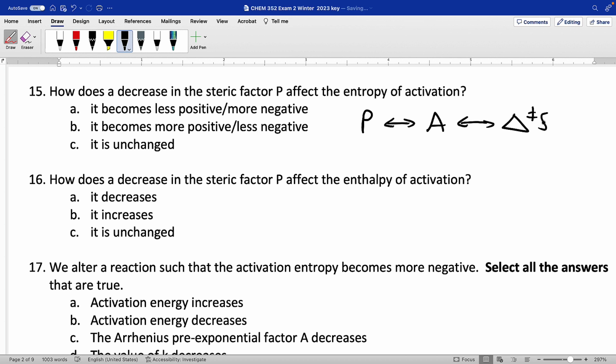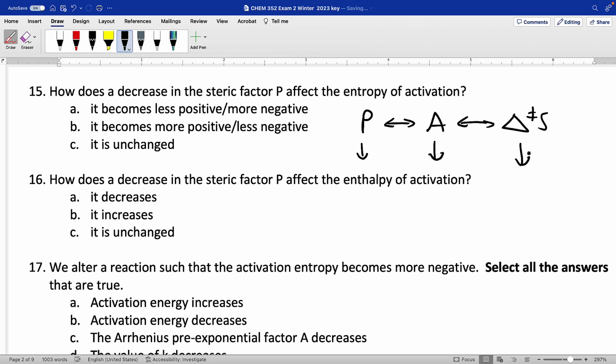So if we made the steric factor worse by making it smaller, that's also going to make your pre-exponential Arrhenius factor smaller. And what makes the pre-exponential Arrhenius factor smaller? It's making your entropy of activation worse, either more negative, or going from positive to negative, or going from a positive number to a less positive number. So it's just decreasing in value. So all of these things are linked.